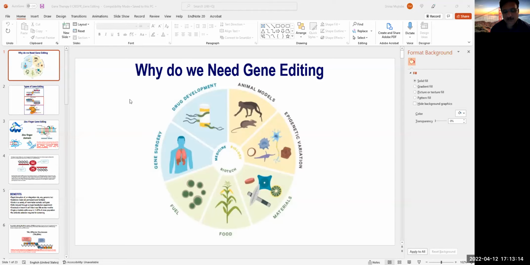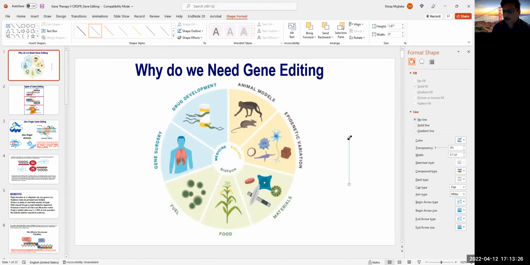Likewise, with gene therapy, the motivation was to treat human diseases, but it diversified because people know its potential and try to use this technology in different areas. For example, in generating plants for biofuel, reducing the cost of food, and more effective medicines.